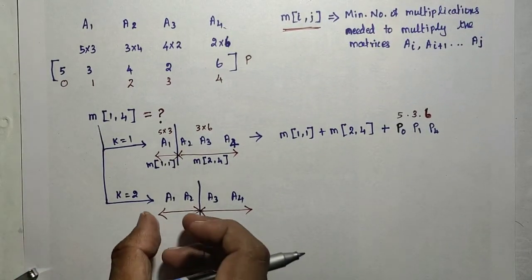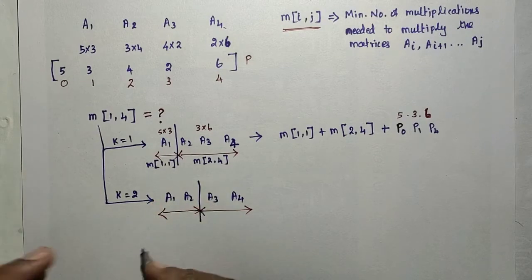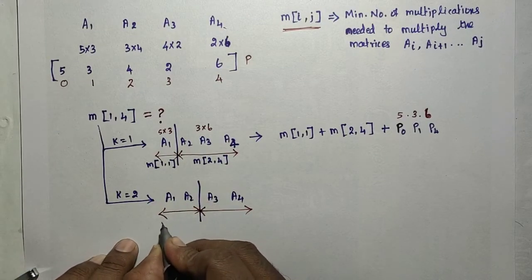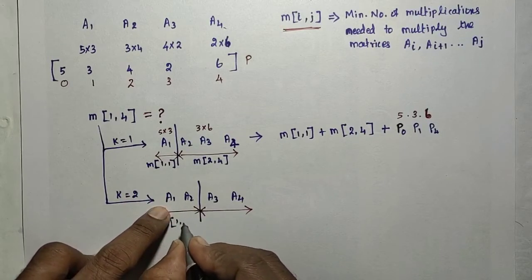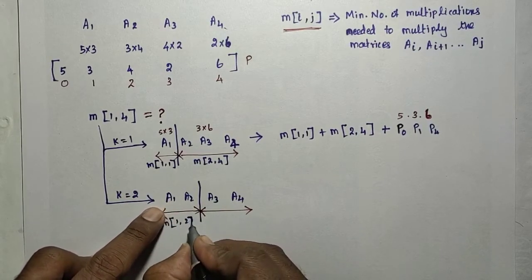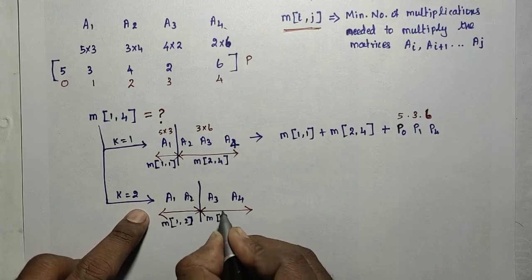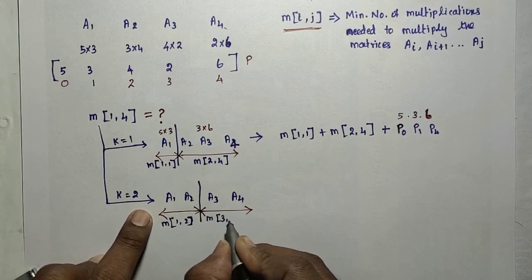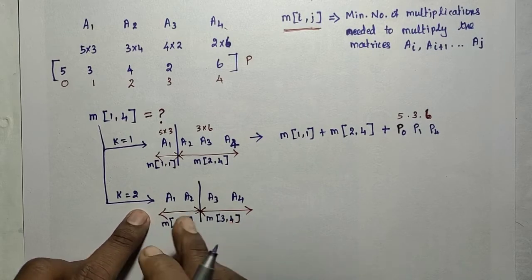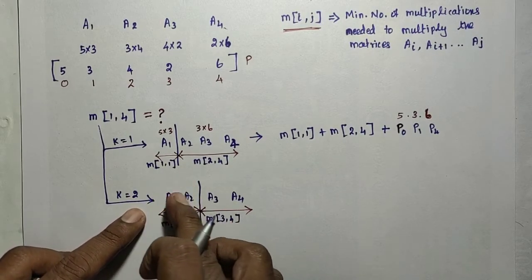So to multiply the left side matrices, we need a number of multiplications as m of 1 comma 2. And then I need to multiply A3 to A4, and that number of multiplications needed is m of 3 comma 4. So what is the resultant dimension here?